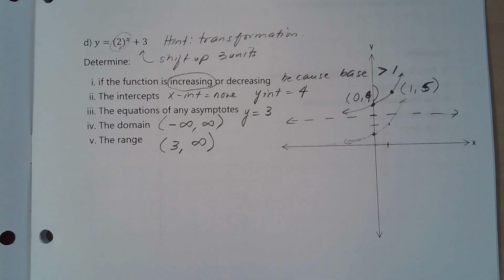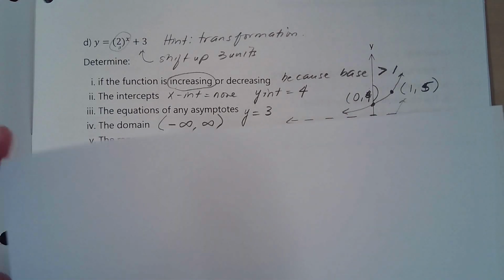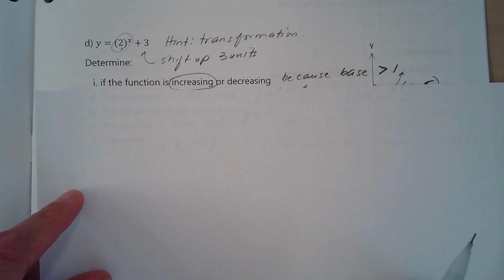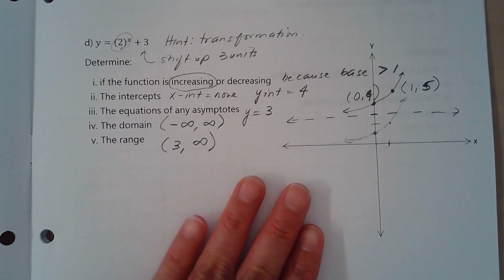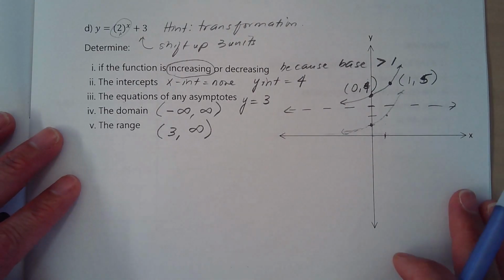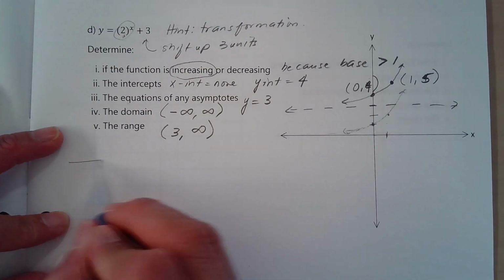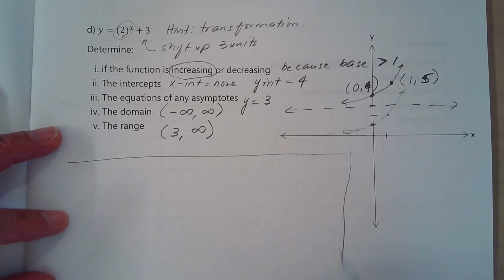Okay, so this one is just one transformation. And I'm actually just going to review our transformations here in a second, because it's been a while since we did transformations. You can write it on here or on a separate sheet of paper if you have room.